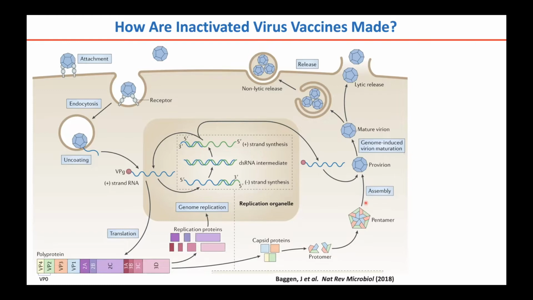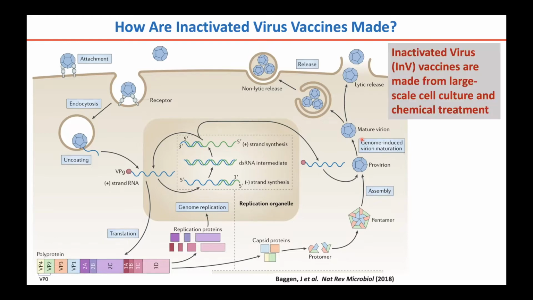These pentamers then assemble into a provirion, which in the presence of progeny viral RNA can become a mature virion after a genome-induced virion maturation process that Dr. Jackson talked about. So the inactivated virus vaccines are made from literally 1,000-liter scale cell culture processes and then chemical treatment to inactivate the virus.